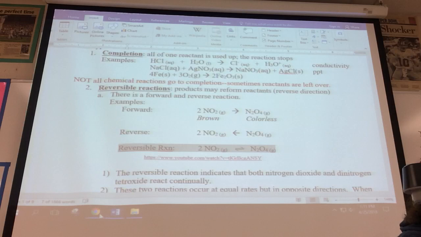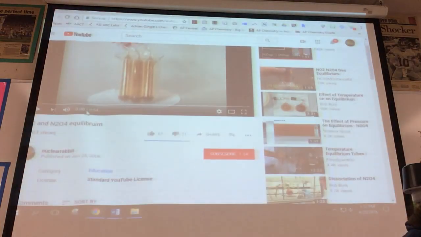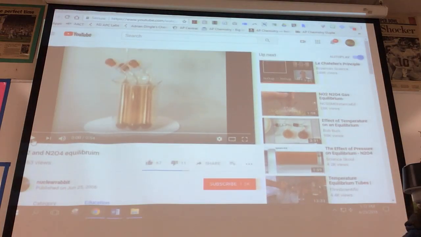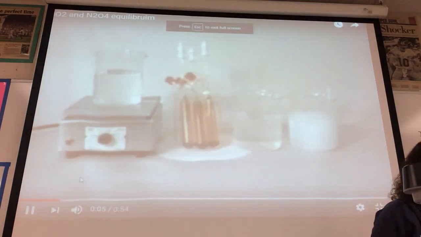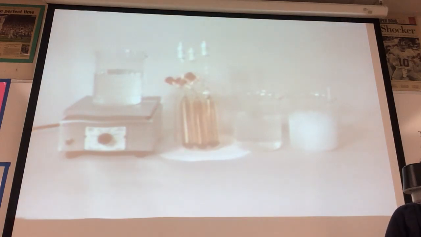And that's something we'll be taking a look at in the lab. And so, for example, in this video shown here, you are going to run that reaction. We start this experiment with 3 tubes containing red-brown NO2 and colorless N2O4 in equilibrium.